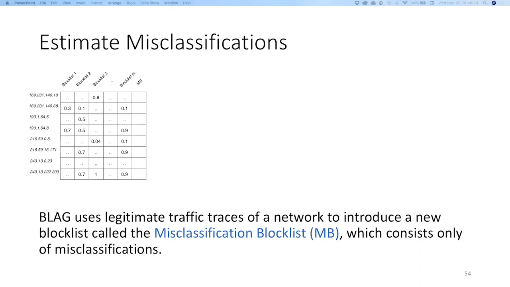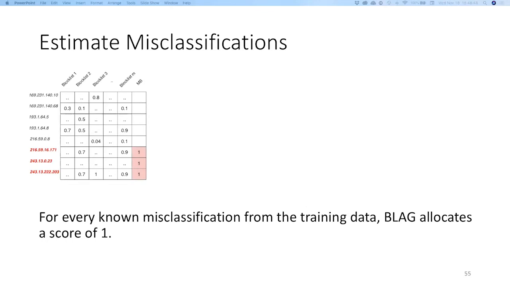Then what BLAG does is that it adds a new blacklist known as the misclassification blocklist. Now, the key point about the misclassification blocklist is that it contains only misclassifications. In this example, let's consider that these 3 IP addresses are actually legitimate, and therefore they constitute the misclassification blocklist.